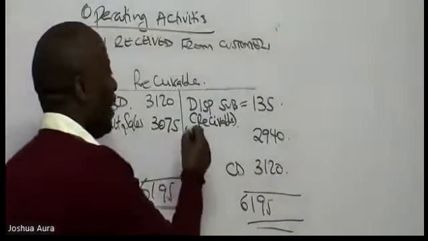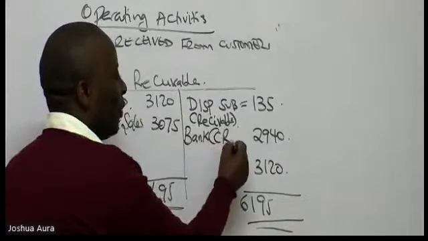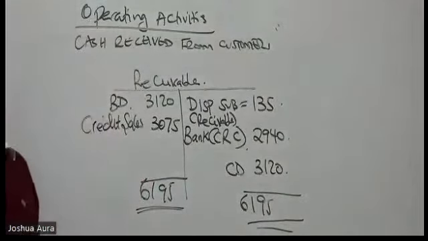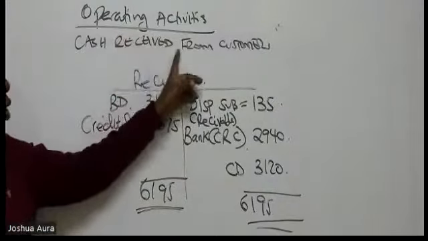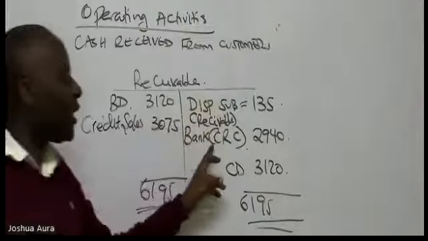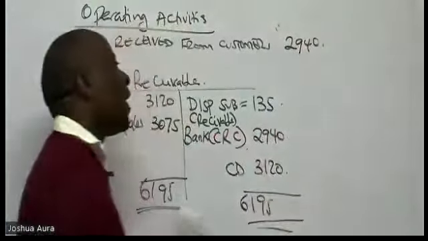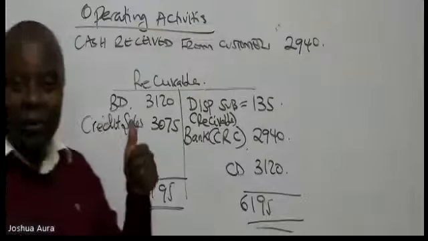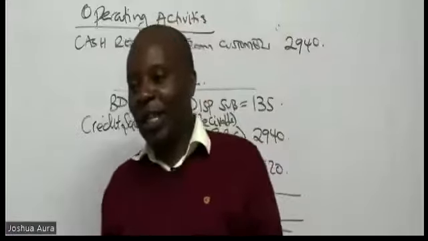So this must be what we shall take to our bank as cash received from customers. It is what we shall take to our operating activities under cash received from customers. So cash received from customers is 2940. Great. I hope you guys have been able to follow up to there.